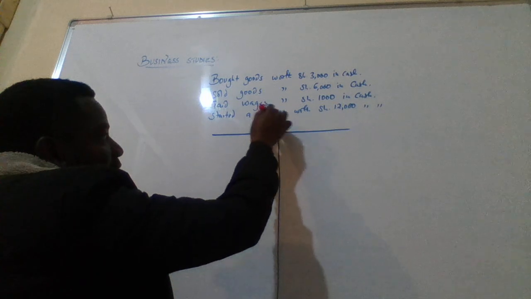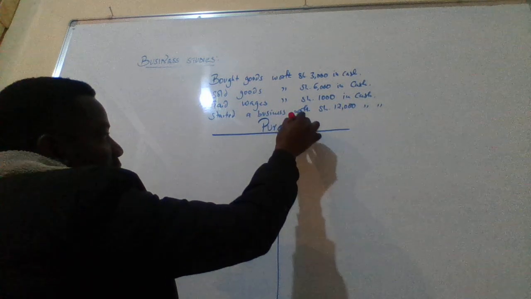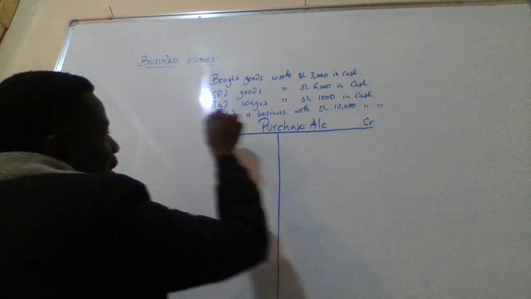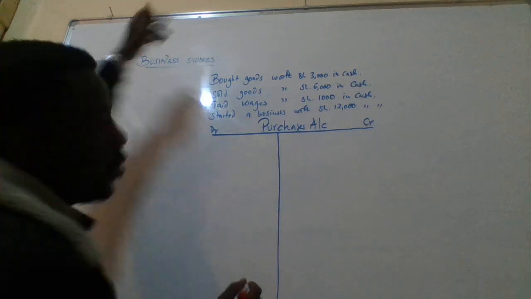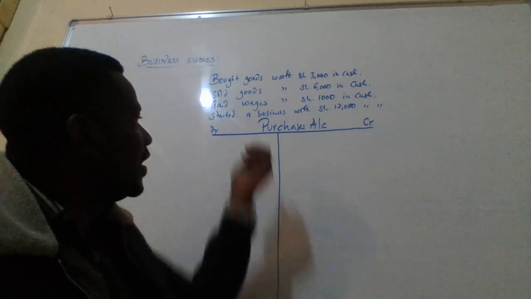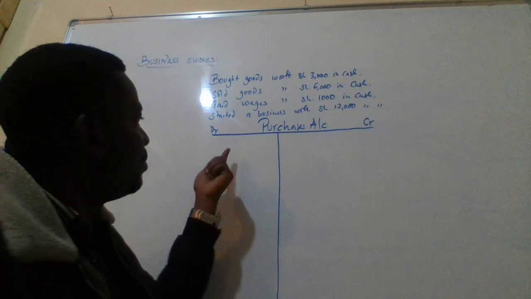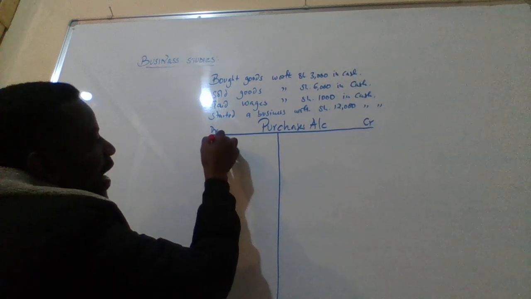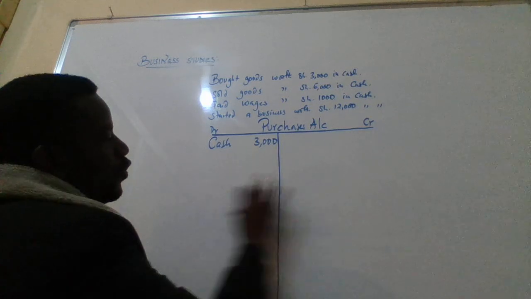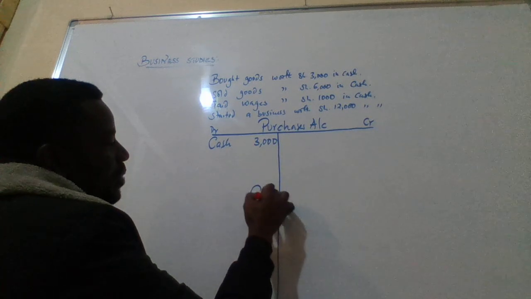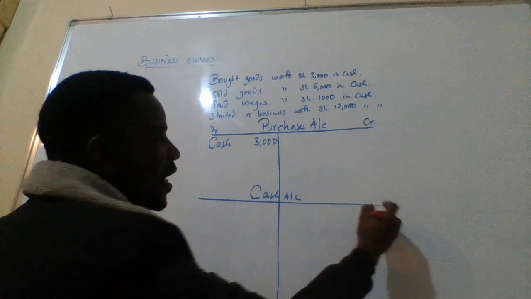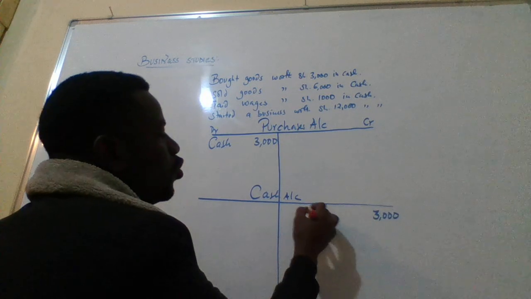So right here, purchases account. This side is credit, this side is debit. So if you have bought goods, cash decreases, goods increase. Therefore, purchases account you debit. So you write here, we bought with cash, 3,000. Open here a cash account. Say we used cash 3,000 to buy goods.